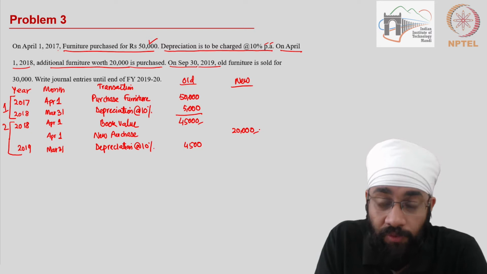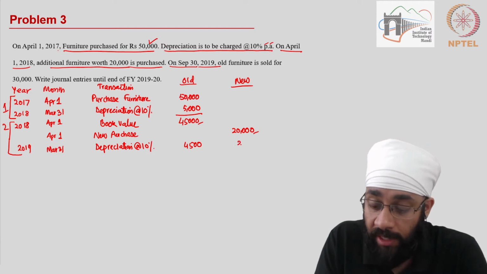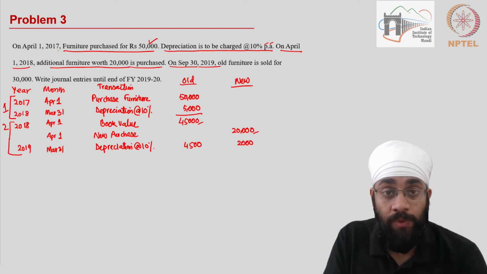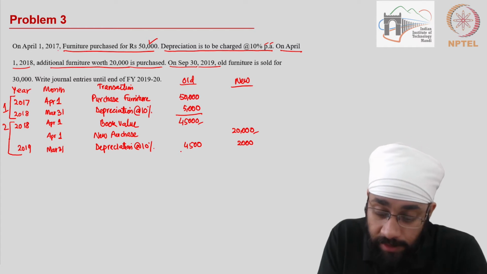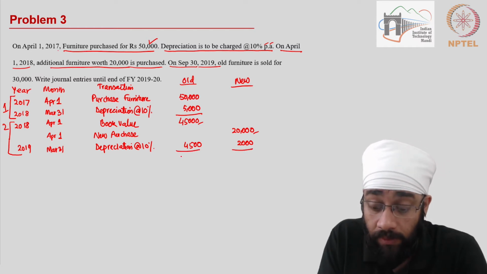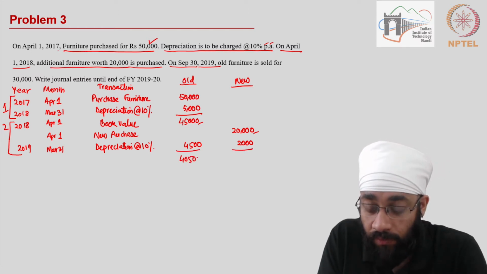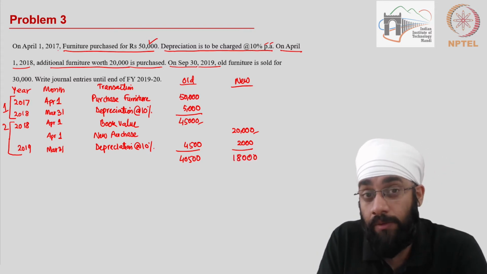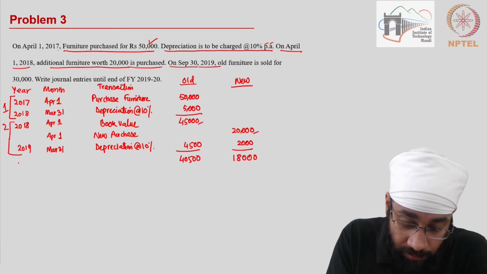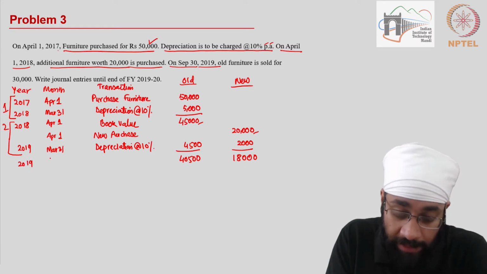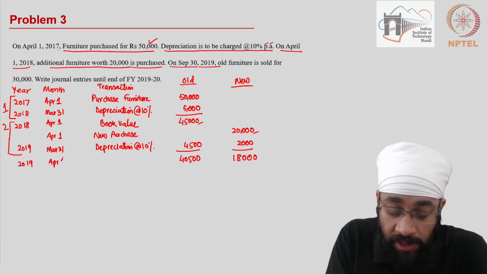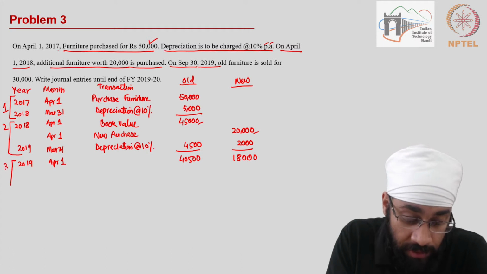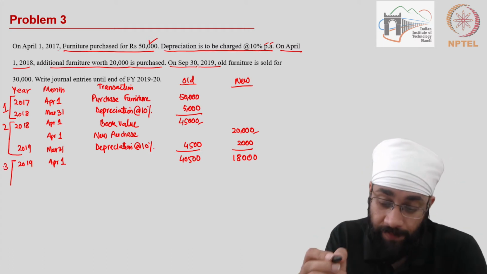Similarly, on new furniture, you will charge 10% depreciation as well. This is going to give you new book values of the two furniture items, 40,500 and 18,000. This book value is in the year 2019, but the new financial year, April 1. So the third year has now begun.